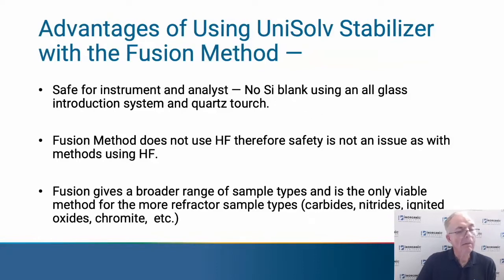So here are some of the advantages of taking this approach for acid digestion. And you get effectively no silicon blank. The fusion method itself doesn't use HF. And your fusion will give a broader range of sample types.